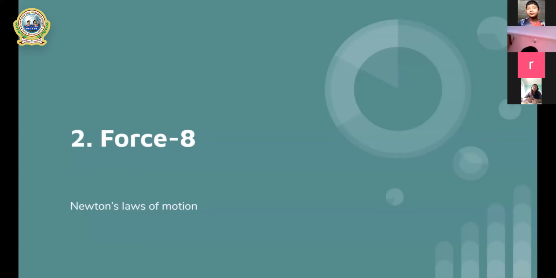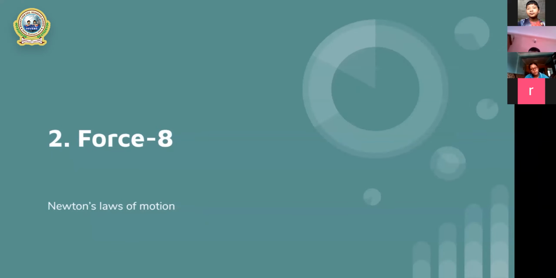The laws are propounded in regard to the motion of a moving body. So the law is also known as Newton's laws of motion. Everybody please be ready and concentrate.